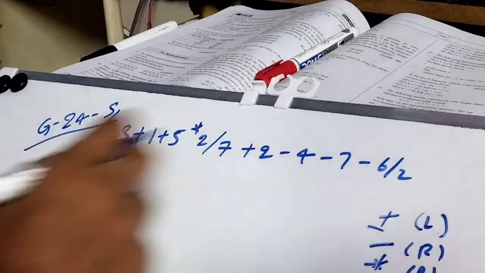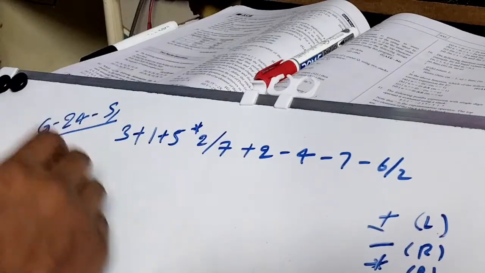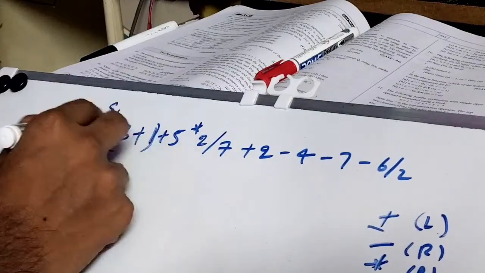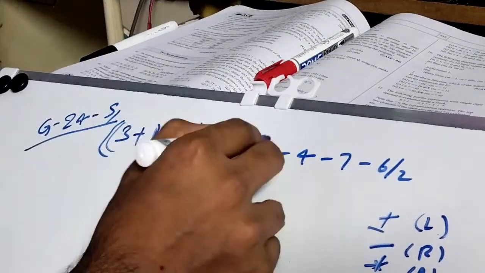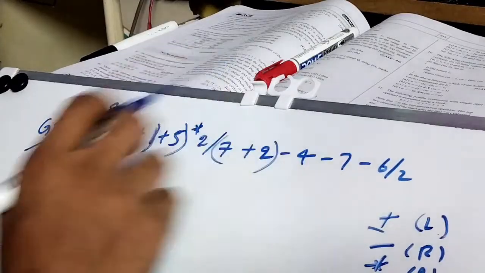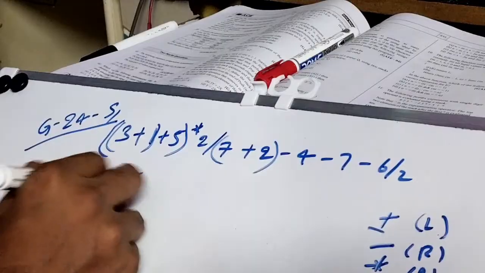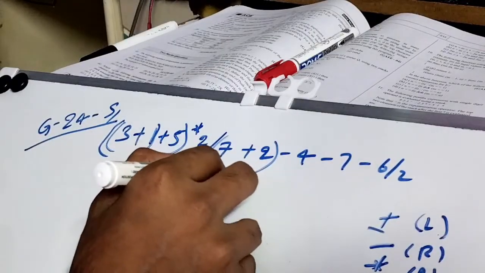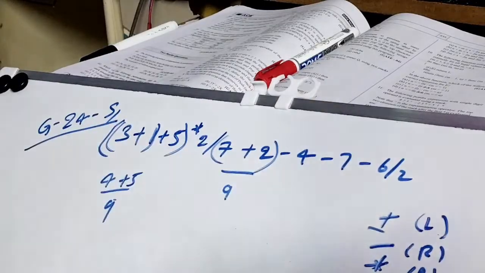If plus is left associative, first we have to do 3 plus 1 plus 5 plus 2, which gives 9.